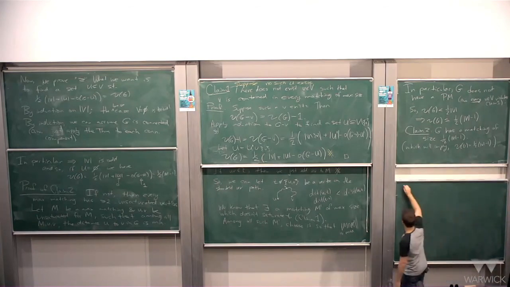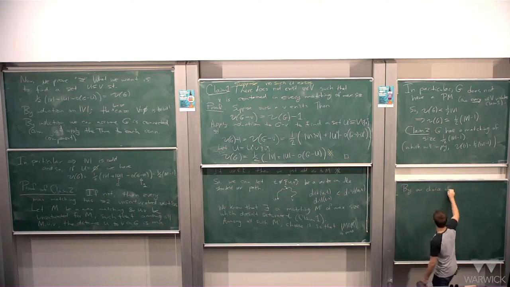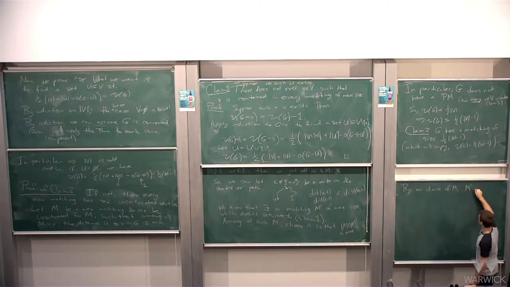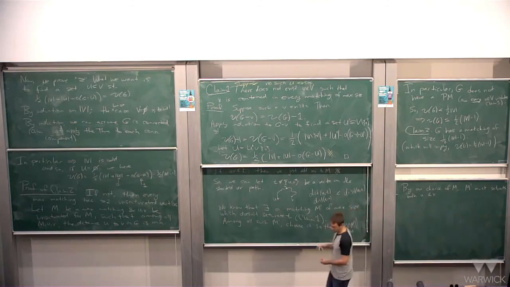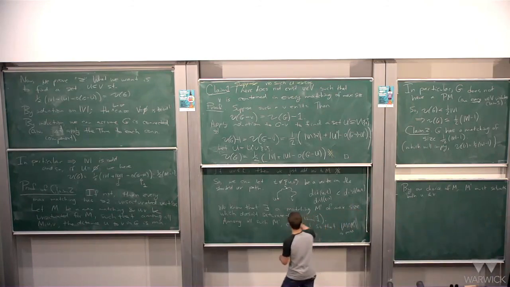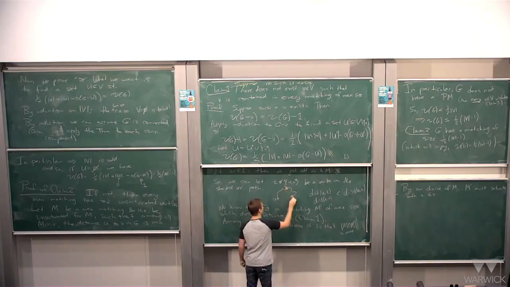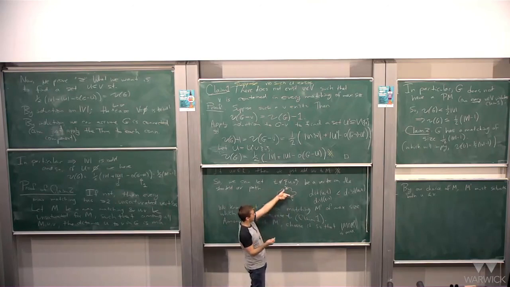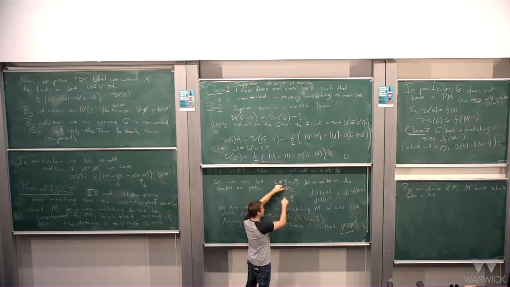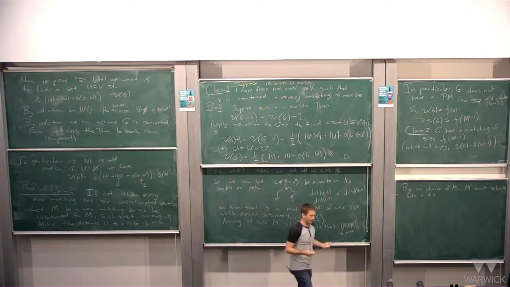So note that, by our choice of M, we know that M prime must saturate both U and V. Why? Because we know that T is not saturated by M prime. So if one of U or V wasn't saturated by M prime, then we've got a maximum size matching where these guys are closer than U and V, and they're not saturated by M prime.